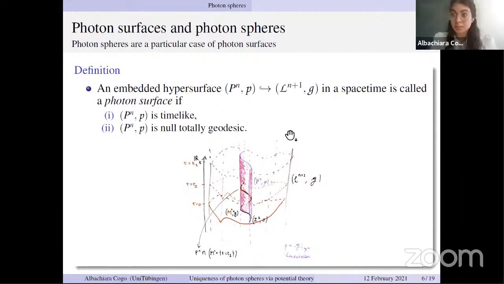Yes. I can also give you the reference of this proof, but it states that being timelike and null geodesic is equivalent to being totally umbilic. So the second fundamental form, or extrinsic curvature, depending on the name you give it, is a multiple of the metric. Yes. Okay. Thank you very much.